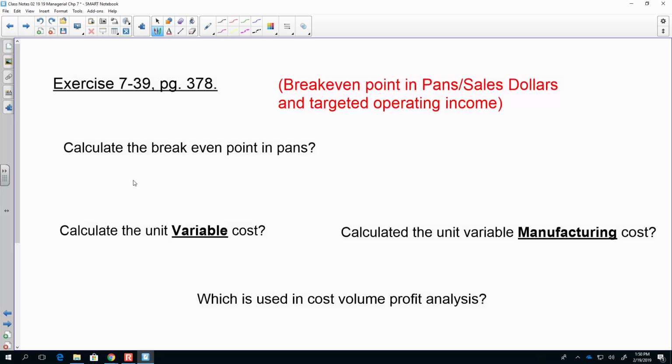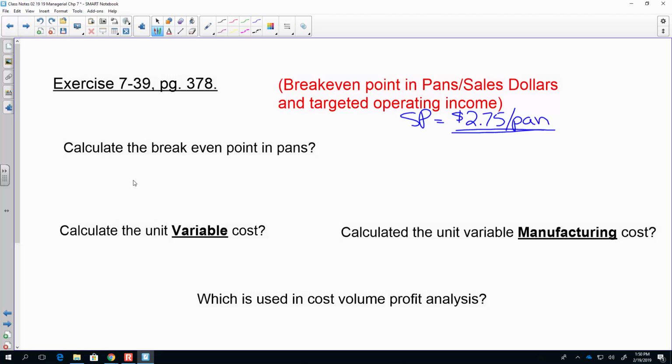Werner Company makes baking pans. The selling price is $2.75.